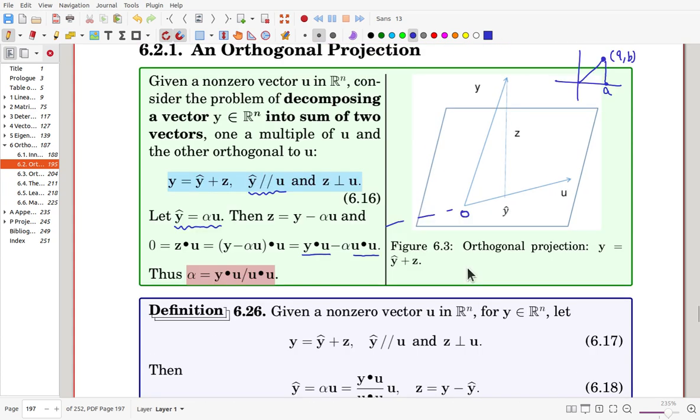And for example, now u is given in this way and y is that direction, so that this angle is obtuse, then projection will be this point, and like that. Okay, but now it is not on u, because u is the other direction. So a little bit confusing.